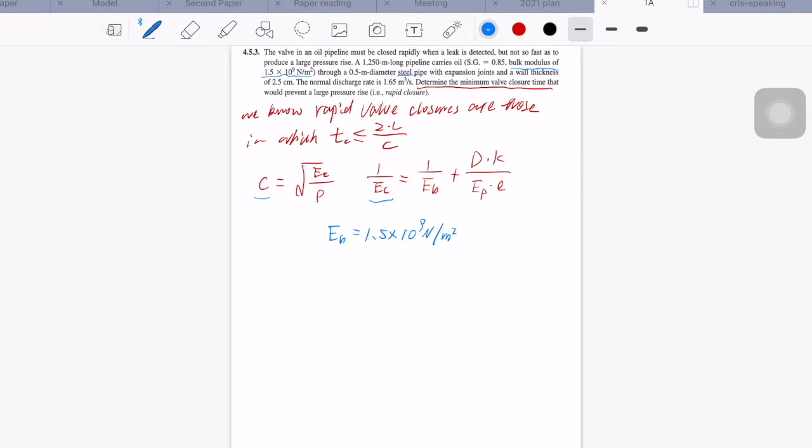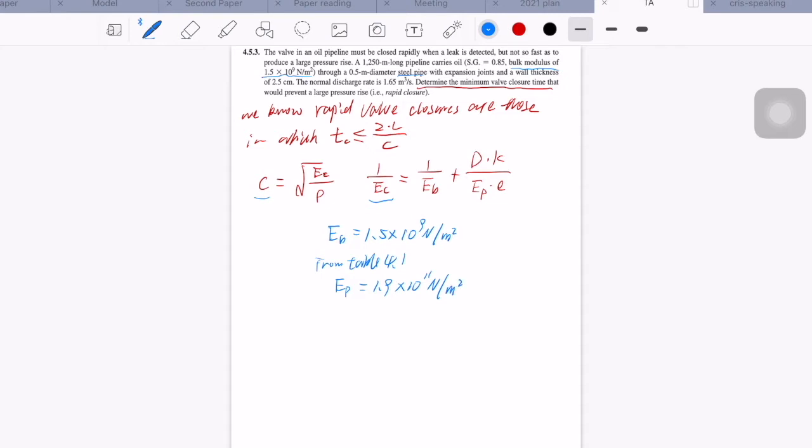So from table 4.1 in the textbook, we can get that the EP equals 1.9 times 10 to the power of 11 Newton per square meter.